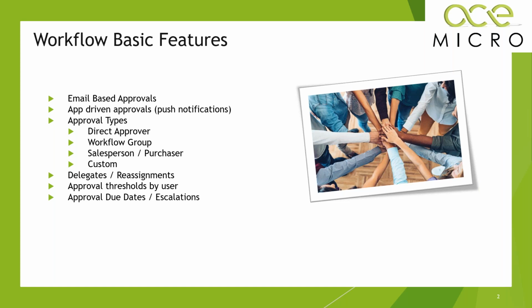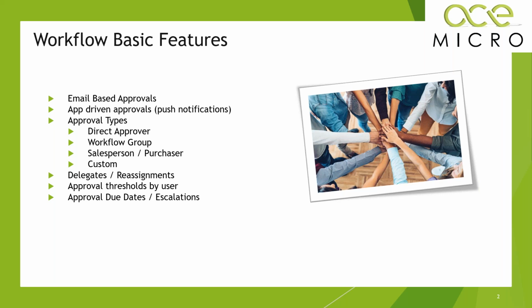And then all of our approvals have due dates on them, or I should say they can have due dates on them. And this is very helpful because when you open up workflow to a lot of areas of the system, as I'm going to show you when we get into the product, we are restricting a lot of records based on those workflows not being completed. So those restrictions will also have due dates, and people can be notified when people aren't taking action on approvals.